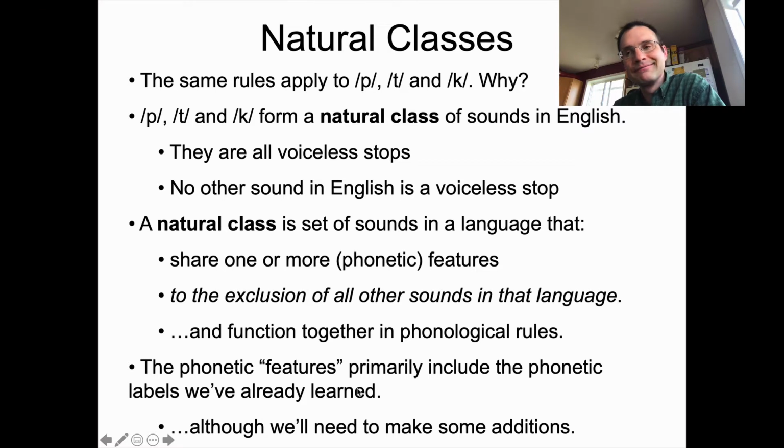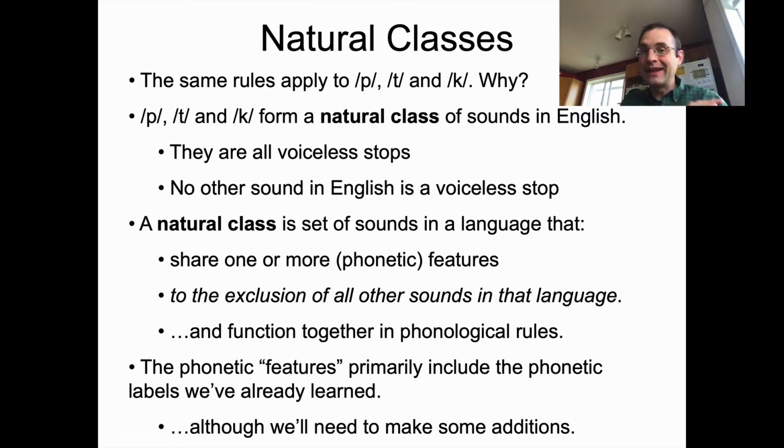The easiest way to get into it is to say that the features they're going to share primarily include the phonetic labels that we've already learned, the various dimensions of articulation like voicing, manner of articulation, place of articulation, or when we talk about vowels, things like height, frontness, backness, rounded, tense, lax, that sort of thing. But we need to make some additions to this. These features are not necessarily defined by what people do when they actually produce the sounds, what they're moving around in their mouths, what gestures they're making with their particular articulators.